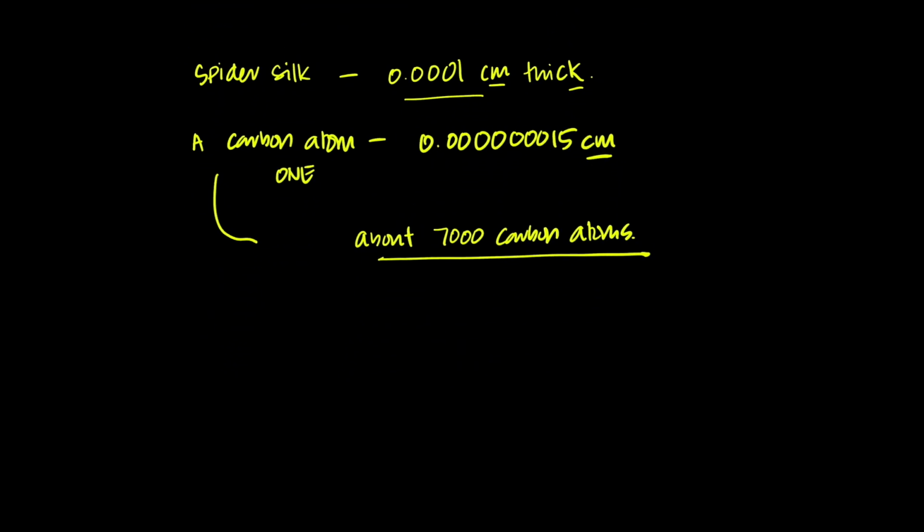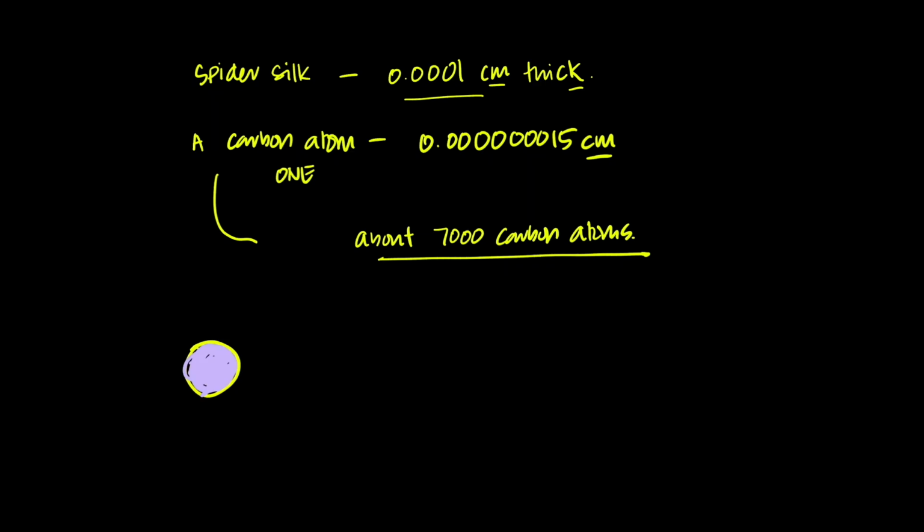Okay, let me give you another way to picture this. Imagine we could make a carbon atom bigger. Let's blow it up to the size of a coin. In the relative scale of the atom and the spider web, if I blow up my carbon atom to be this big, imagine how big the spider web would be.